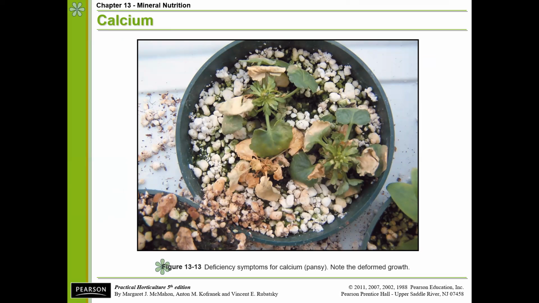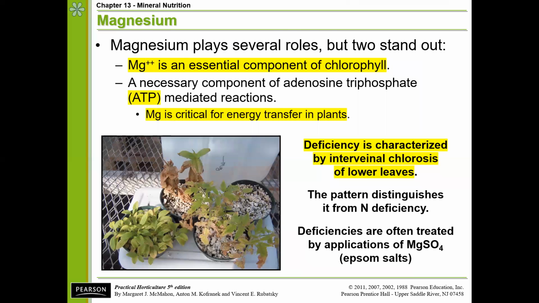Magnesium also plays several roles, but two main ones stand out, and that's that it is in chlorophyll, and it's also a necessary component of ATP, and therefore in all the reactions that involve ATP, critical for moving energy. So with deficiency of magnesium, we usually see interveinal chlorosis of the lower leaves.